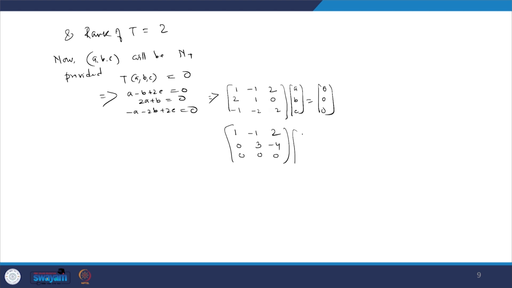So, this means that a minus b plus 2c equal to 0, and the other one is 3b equal to 4c. This is the required condition for (a, b, c) to be in the null space of the linear transform T.